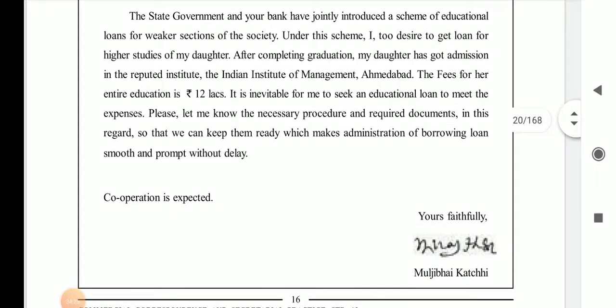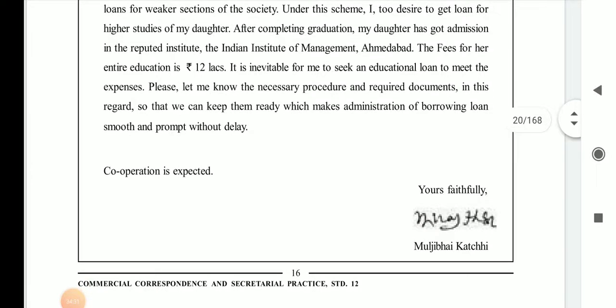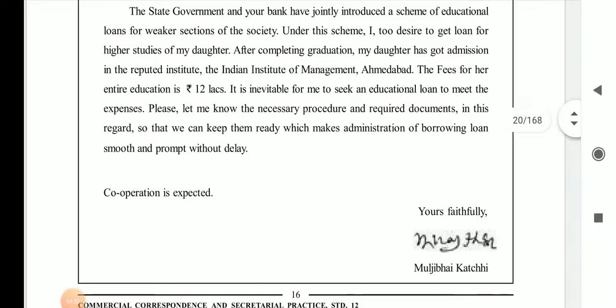Under this scheme, I too desire to get a loan for the higher studies of my daughter. Here the person makes a wish to the bank manager that he wants to take an education loan for his daughter's study.